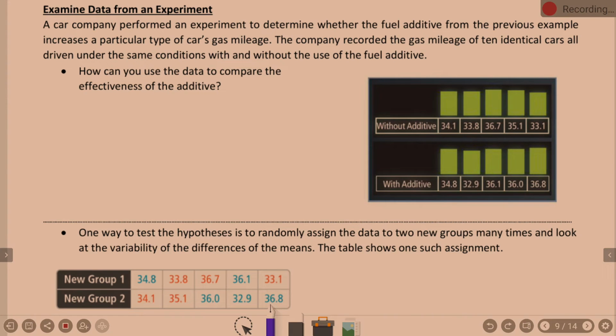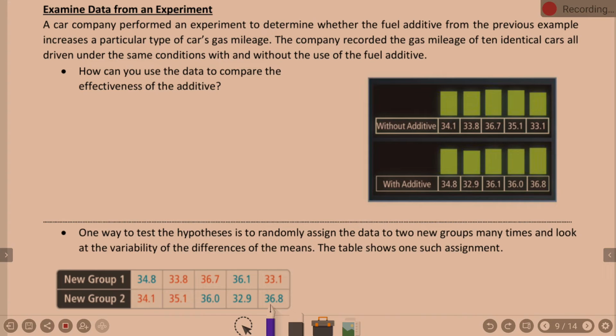Okay? And then the question is, how can you use the data to compare the effectiveness of the additive? Okay, so working towards the idea of how do we prove or disprove one of our hypotheses. In other words, we would need to approve one and reject the other, I think is the word they use.